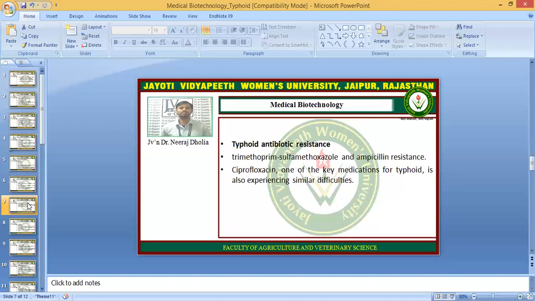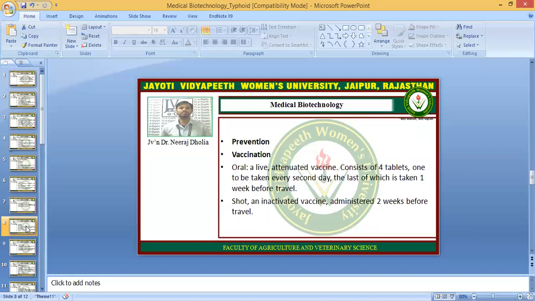Ciprofloxacin, one of the key medications for typhoid, is also experiencing these similar difficulties, that is the antibiotic resistant cases. So what about the prevention?